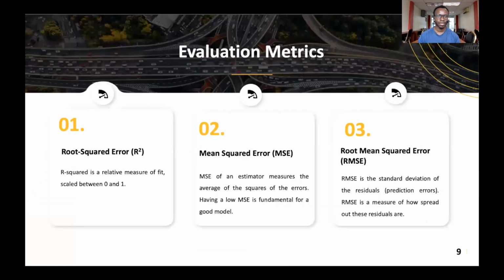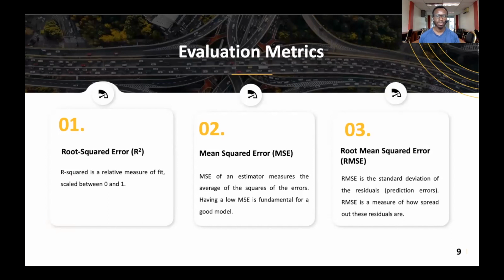So now we look at the evaluation metrics. We used three different evaluation metrics for different purposes. We have the R squared, which looked at relative measure of fit. So how well does the data fit the regression? So now this was done using a scale of 0 to 1, with 1 being a perfect fit, which in the real world does not really happen because there's no data that fits a model 100%.